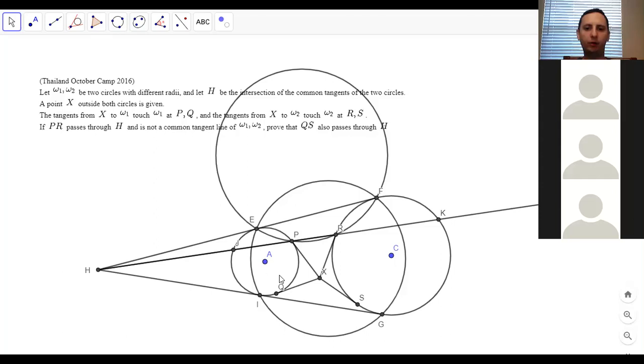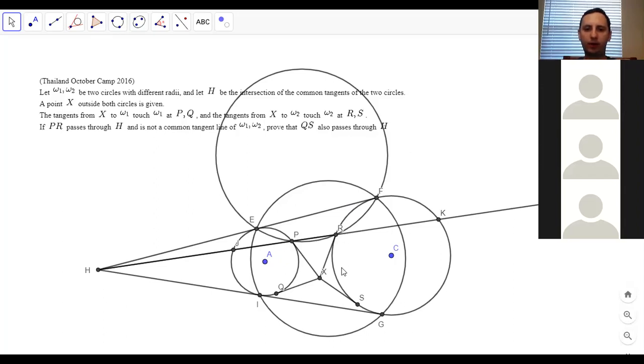So maybe by an angle chase, we could show XP is equal to XR by showing angle XPR is angle XRP. So that would be the same as showing, yeah, okay, it's just an angle chase because we can show that angle XPR is equal to XRP.